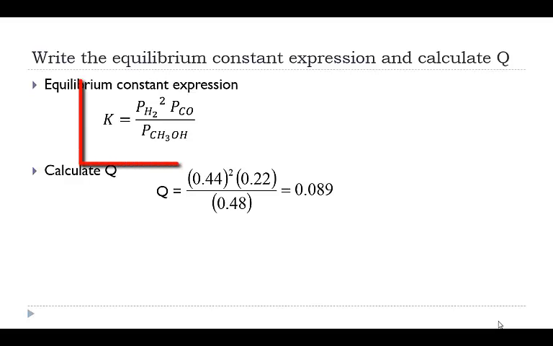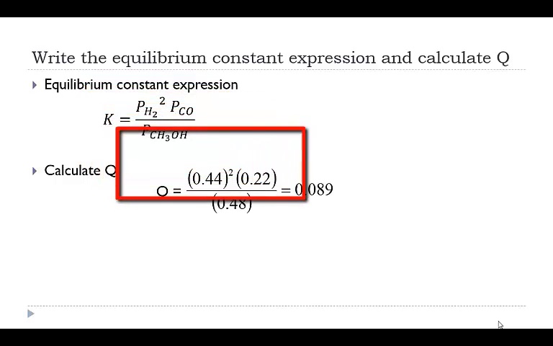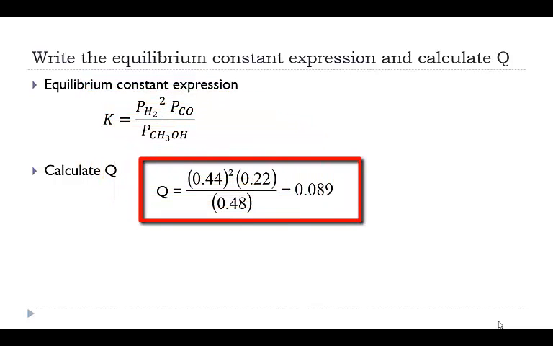So the first thing is to write the equilibrium constant expression. And since we're doing this in pressures, it'll be the pressure of hydrogen gas squared times the pressure of carbon monoxide divided by the pressure of methanol. We have the pressures of the products divided by the pressures of the reactants. Then we calculate Q, and we take the initial values that were given, and we put them into the expression.